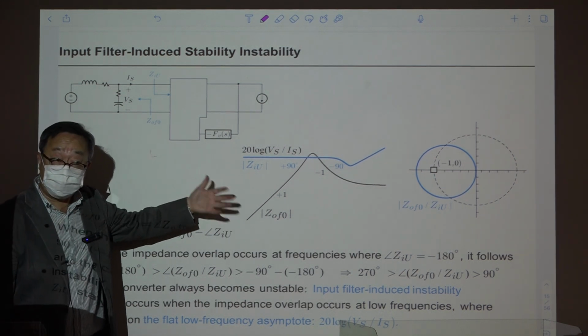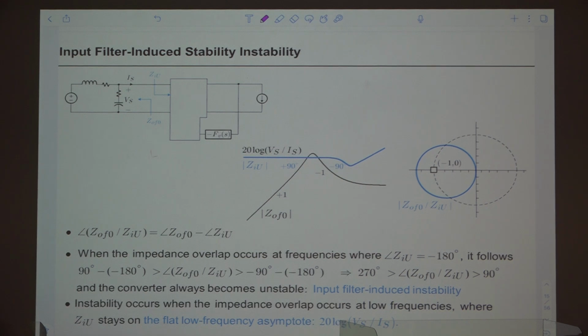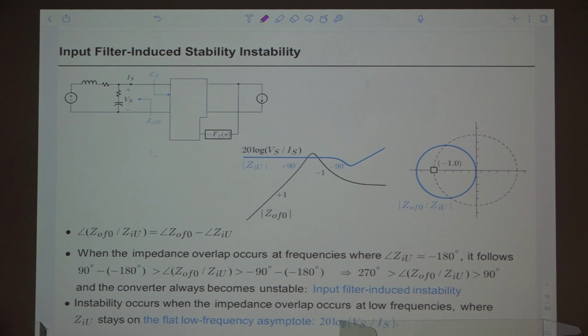We have seen this problem before, right? That was the load coupled converter case. At that time we were considering this one. So there is a converter located here, and this converter is directly connected, assuming the converter is directly connected without line filter to the downstream converter.